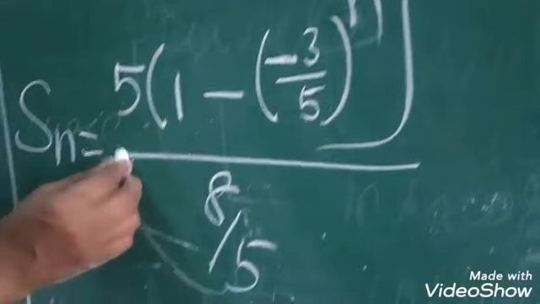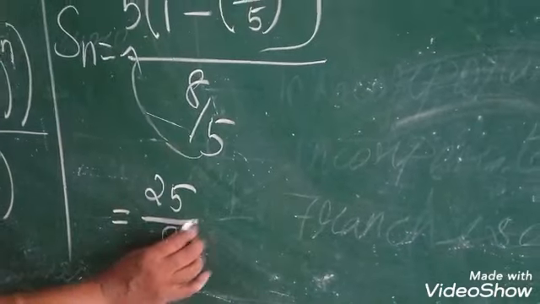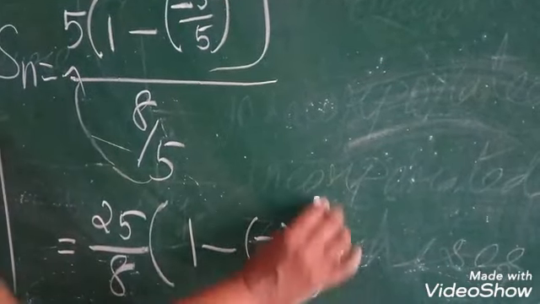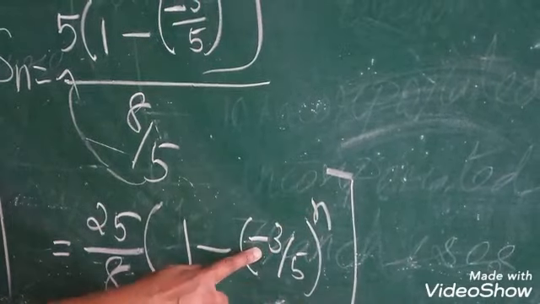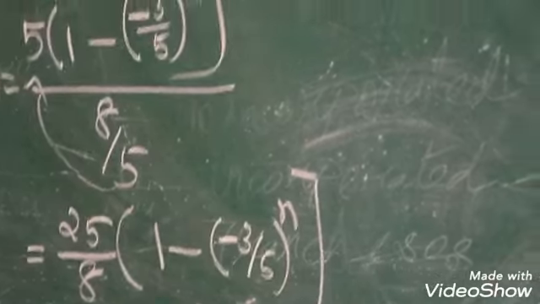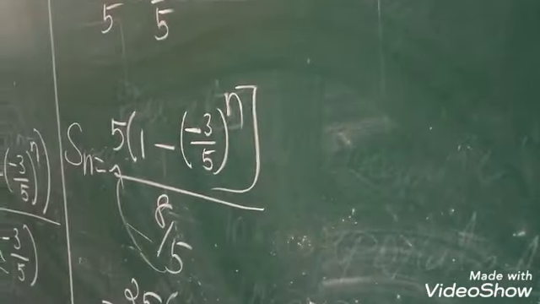The 5 goes up to the numerator, so 25 divided by 8, 1 minus of minus 3 by 5 power n. If n is odd the minus will come; if n is even the minus becomes positive. Girls, this is the answer for the first sum.